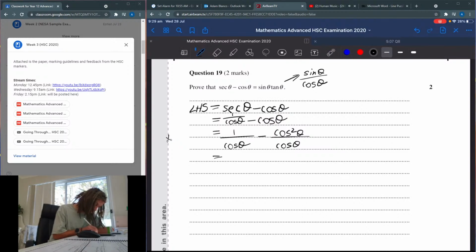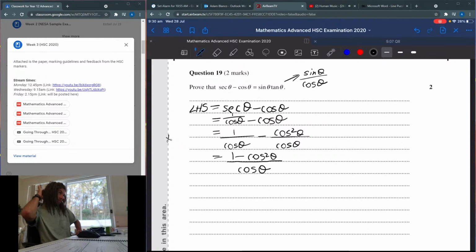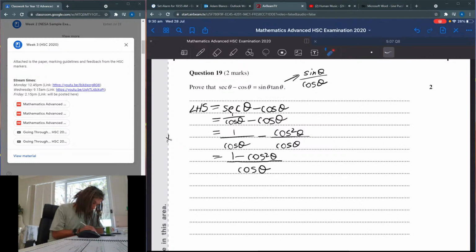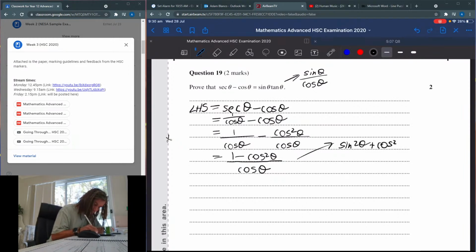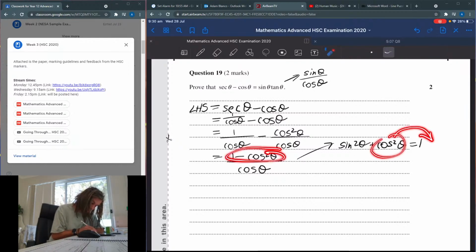Now I can go 1 minus cos squared on cos theta. When you end up with 1 plus or 1 minus, just remember this one: sine squared plus cos squared is 1. That's on your reference sheet as well. Then you can rearrange, move it over there, and I end up with this. So basically this whole thing is sine squared.